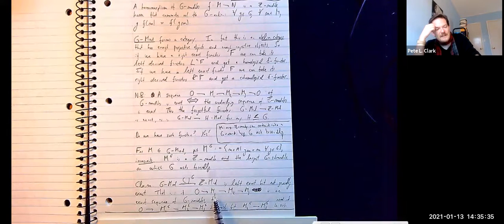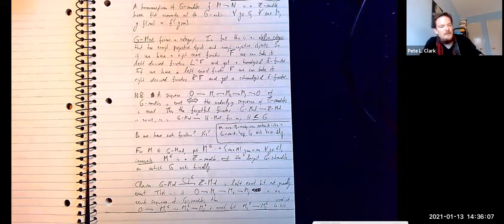If I just have M1 being injected into M2 and you're exact at M2, left exact means after you apply the functor, you still have this much exactness. But even if you were to assume that this last map is surjective, you wouldn't necessarily get that the image after you apply the functor is surjective. So that's what it means for a functor to be left exact, but not necessarily exact. Exact would mean I apply the functor to this short exact sequence and I get another short exact sequence.